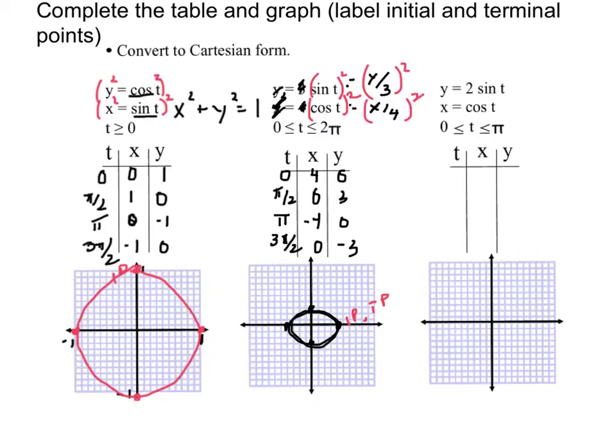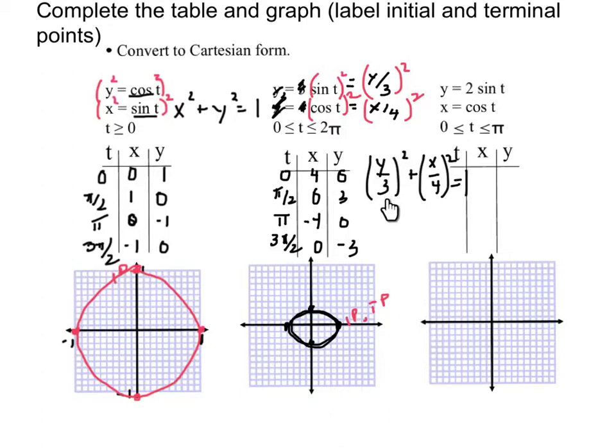So again, sine squared plus cosine squared is 1. Well, that must mean that y over 3 squared plus x over 4 squared is 1. Okay, let me just say that again.